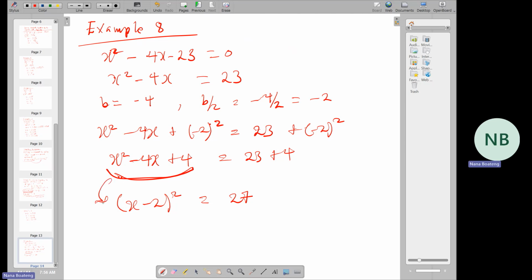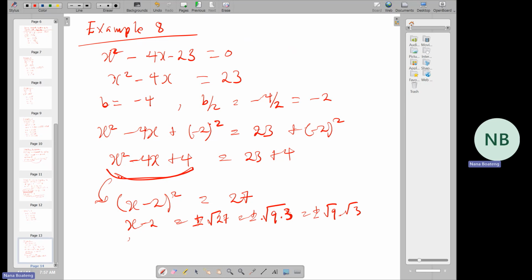So let's use the square root property on both sides. So that will give us x minus 2 is plus or minus square root of 27, right? And so this is equal to plus or minus square root of 27, which is square root of 9 times 3. 9 times 3 is 27. So this becomes plus or minus square root of 9 times the square root of 3.